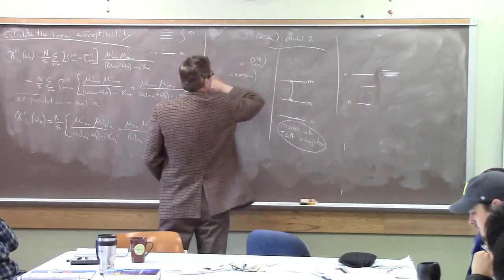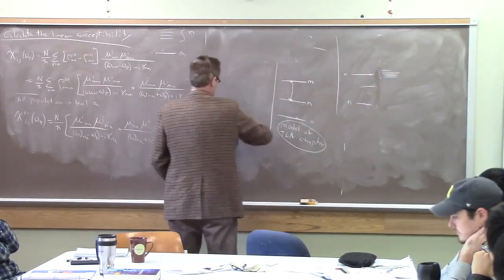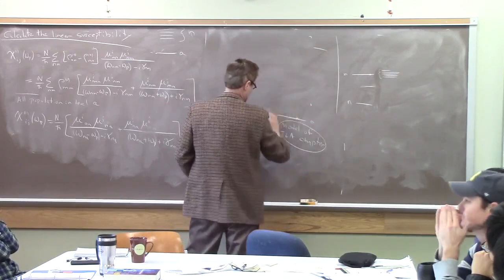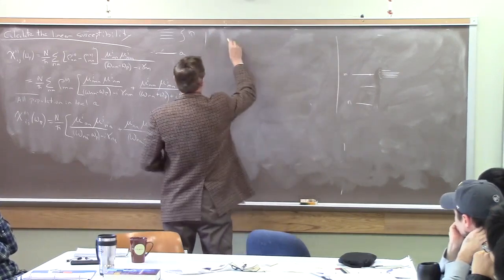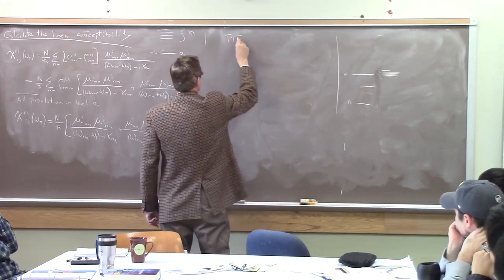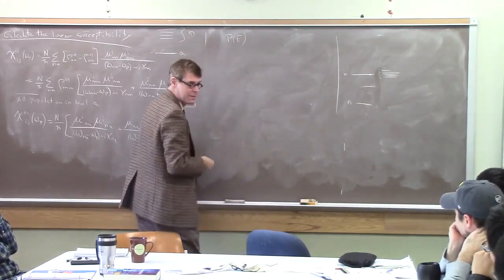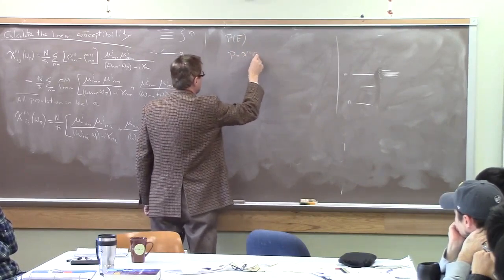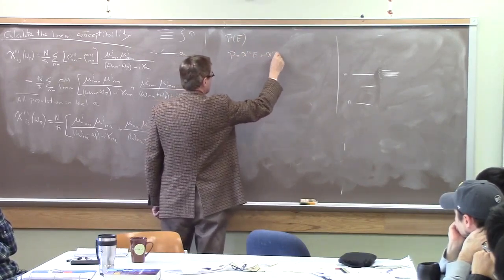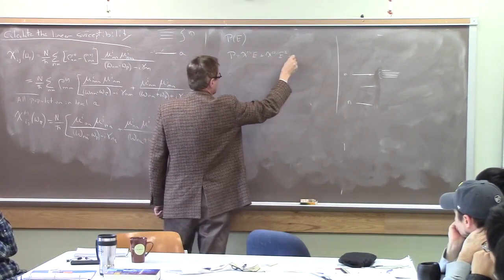So the nonlinearity comes in because P is a function of E. For example, P is equal to chi1 E plus chi2 E squared plus dot, dot, dot.